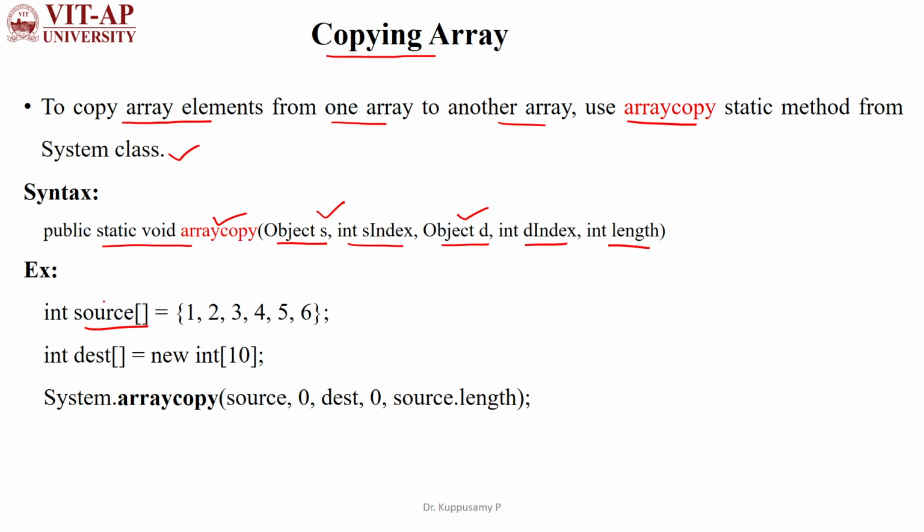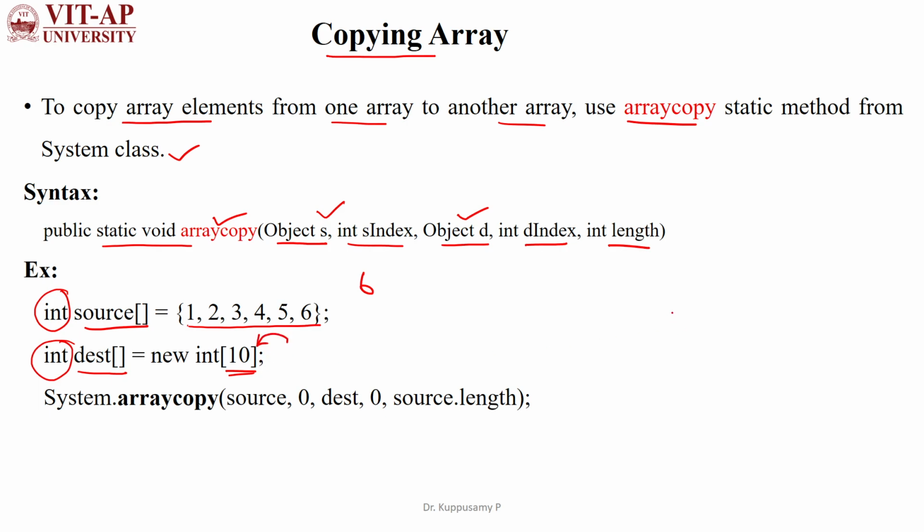The source array is created with integer data type, and here by default we are assigning 6 elements. So the array size is automatically taken as 6. And the destination array is created with the same integer type and a fixed size of 10.